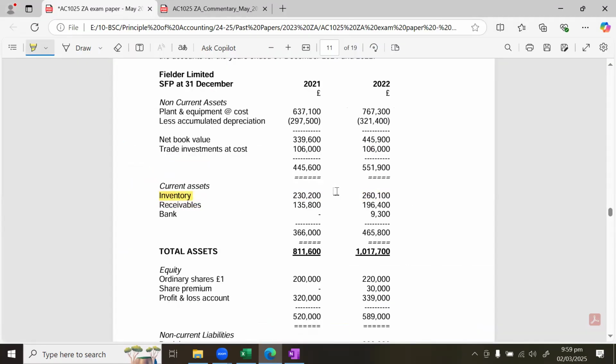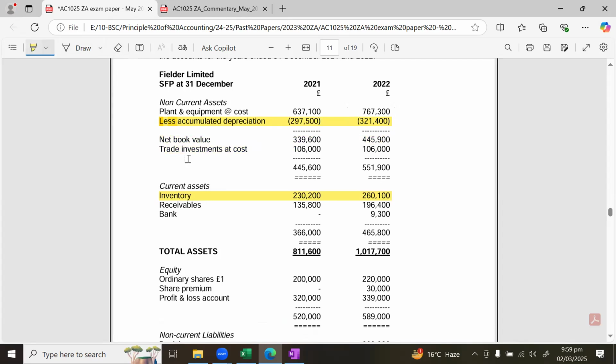So this is done. There is no change in the investments.